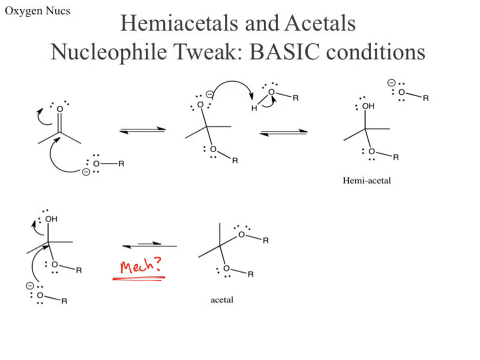When in doubt, what's the mechanism for that step? It's an SN2 mechanism. And in an SN2 mechanism, what do we want for our nucleophile? We have that, so why is that a problem? What's that? Yes-ish. Why?